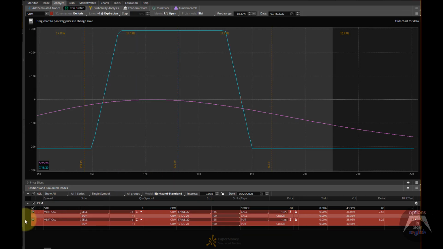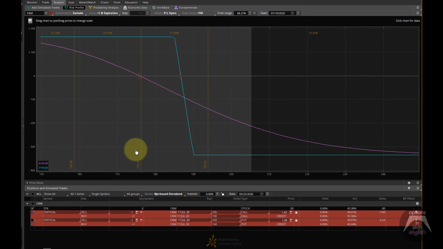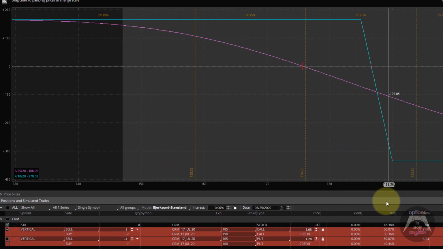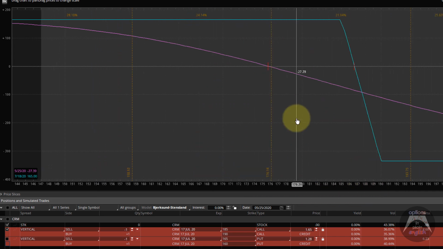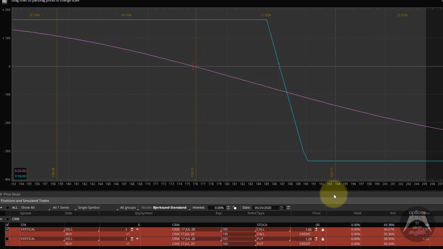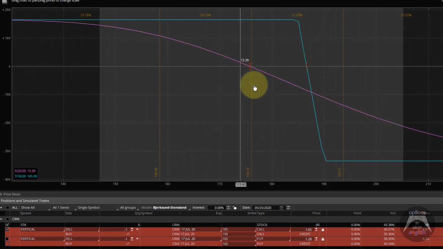So first let's start with the credit spread. What I have here is a short call spread. You can see the blue line is the expiration line, the profit and loss at expiration, and the purple line is the profit and loss right now. As you can see, we just put it on.